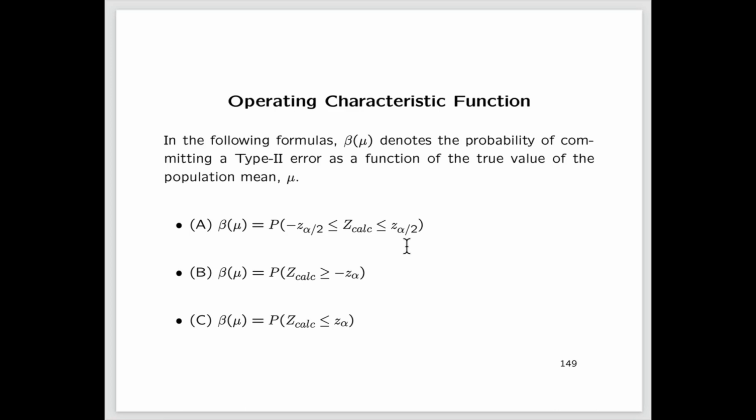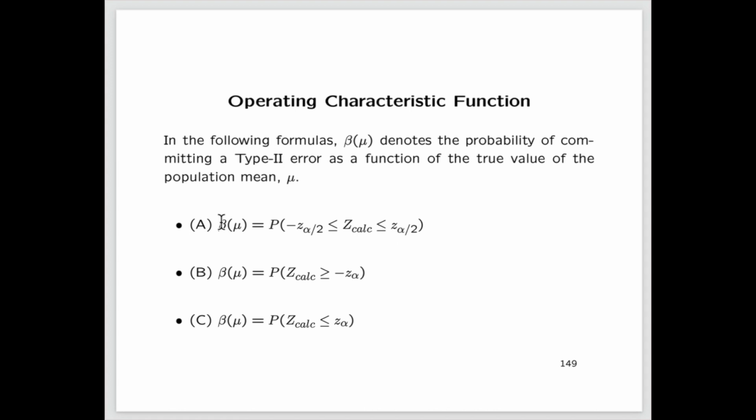Remember that a type 2 error is when we fail to reject a null hypothesis when that null hypothesis is false and should be rejected. Now, we reject if z-calc is either less than negative z sub alpha over 2 or if it's greater than positive z sub alpha over 2. And so we would fail to reject the null hypothesis if z-calc is between those two values.